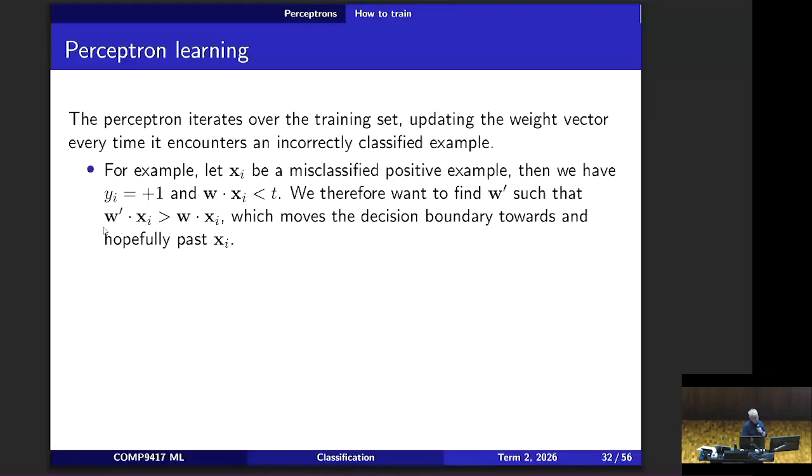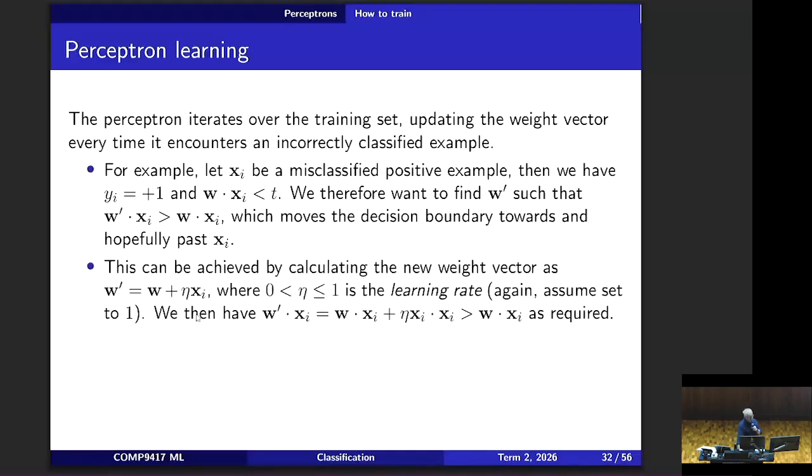We must find a W prime such that when dotted with xi, that dot product, that scalar value, is greater than W dot xi, which got it wrong. Now, we're not guaranteeing that W prime dot xi will get it right. We're just saying we want it to be closer to the solution. I mean, hopefully we do get it right, but we're not going to try and get there all at once. But this will have the effect of moving the decision boundary towards xi.